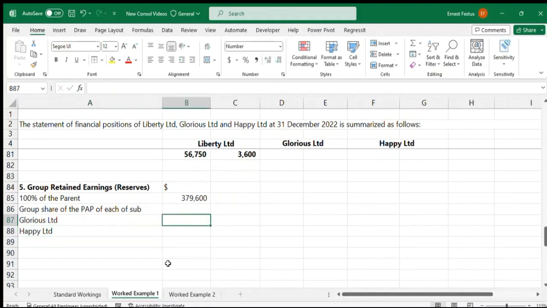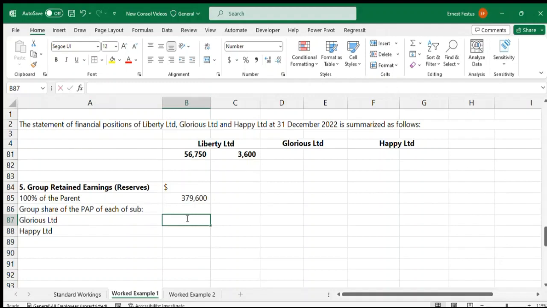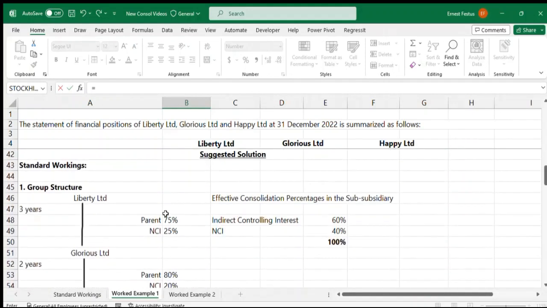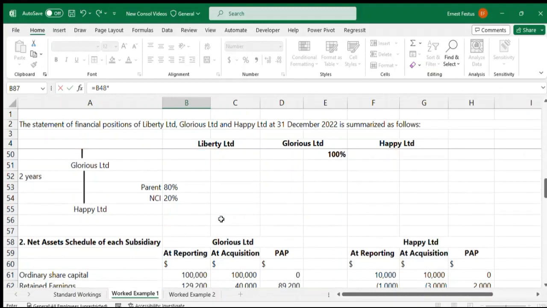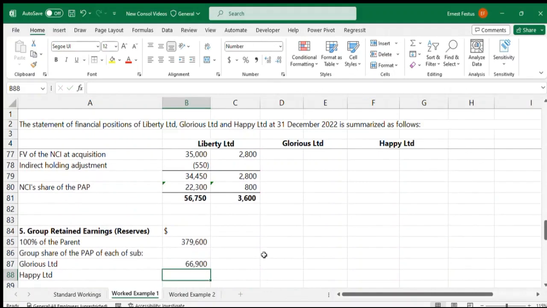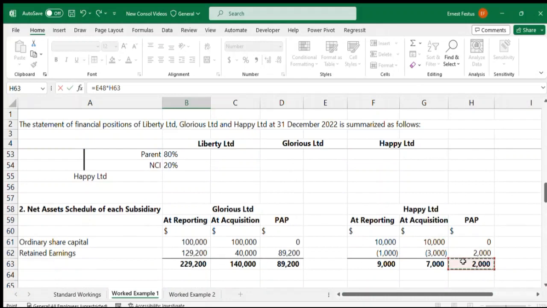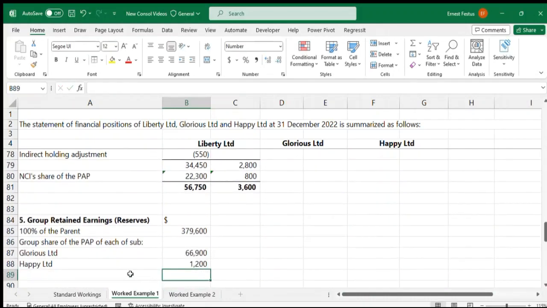So we have for Glorious Limited, and that is equal to, we are talking about the group share. The group has a 75% share in Glorious Limited, multiplied by the post acquisition profit, which is this amount on our net asset schedule. And then for Happy, it's going to be the 60% indirect controlling interest multiplied by our post acquisition profit. So we have that.